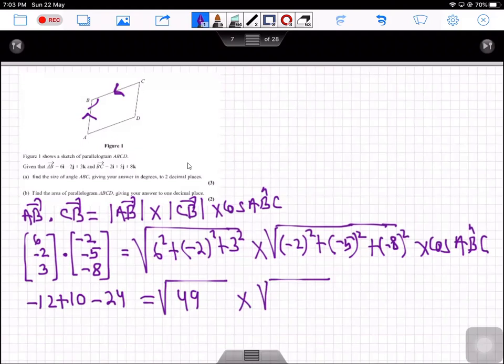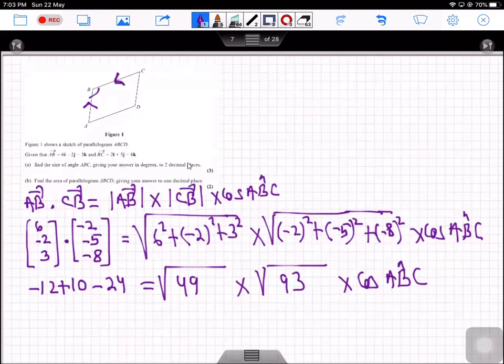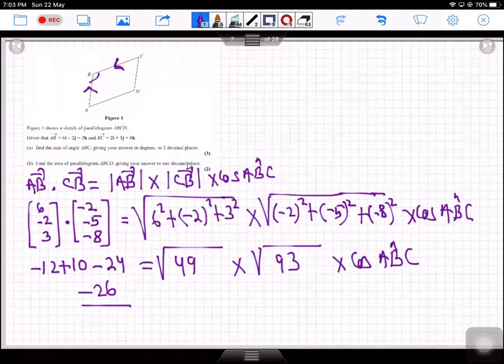This is the square root of 93 multiplied by cos ABC. So the value of the scalar product is minus 12 plus 10 minus 24. This is minus 26. So minus 26 over 7 times the square root of 93 is equal to cos ABC.